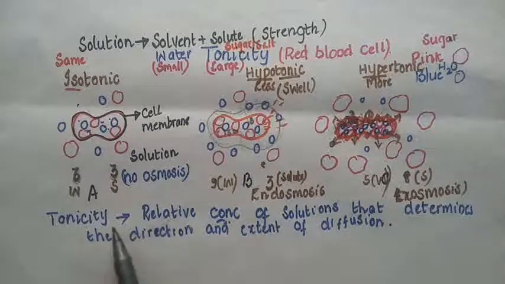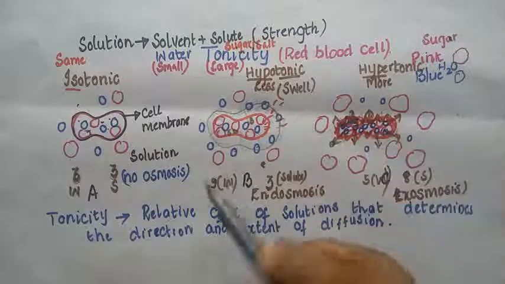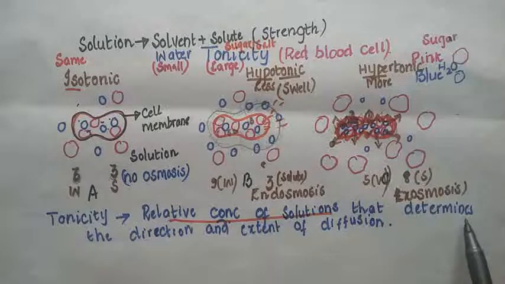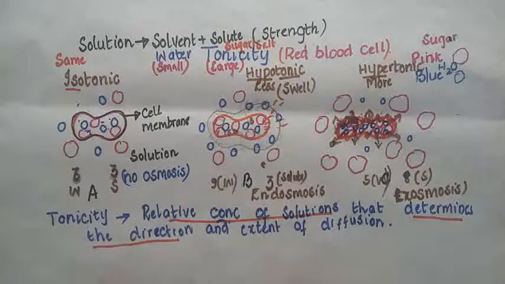So try to read the sentence. The relative concentration of solutions, that is, the concentration of solutions on either side of the cell membrane, that determines, that gives away the direction. So that helps us to know the direction in which the osmosis is occurring, or the diffusion of water molecules is occurring. So how do we define the word tonicity?